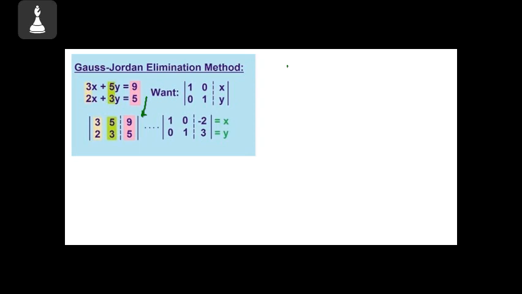So we're going to use some operations. We can multiply rows, we can add or subtract rows, we can swap rows to be able to get to the solution that we want. Now, we want to get 1, 0, number, 0, 1, number. That gives us a solution.